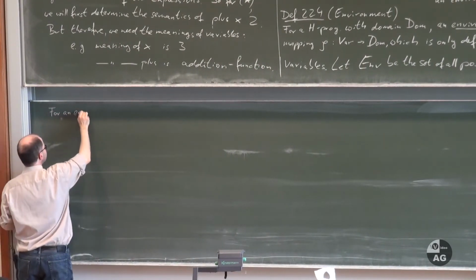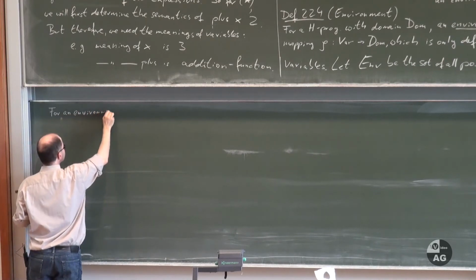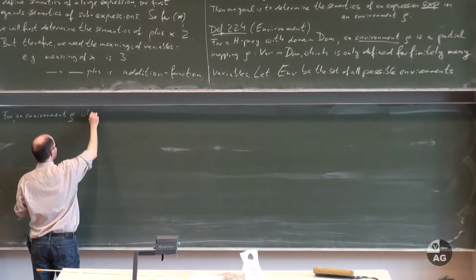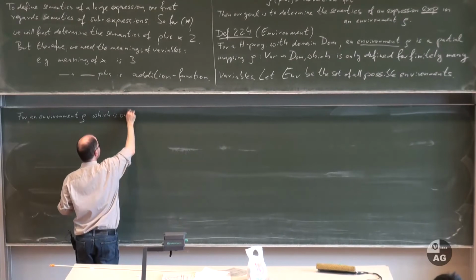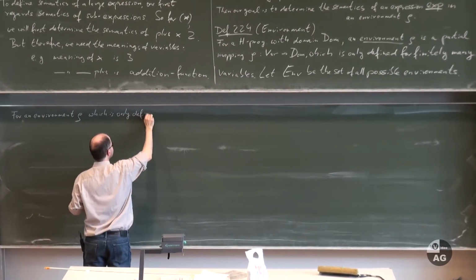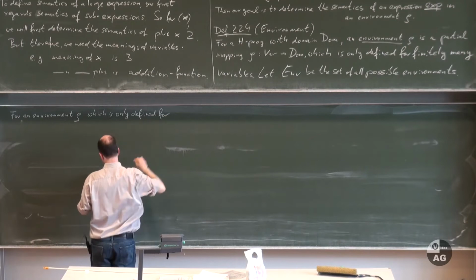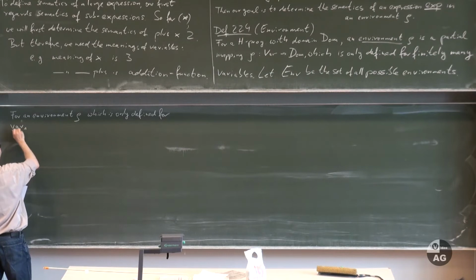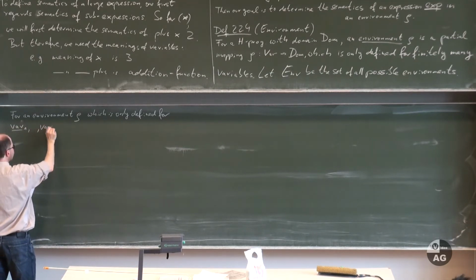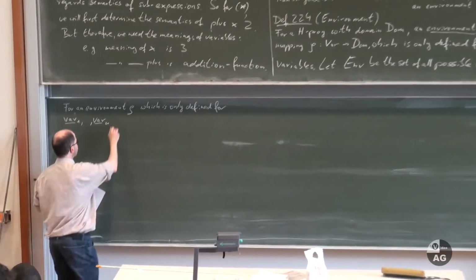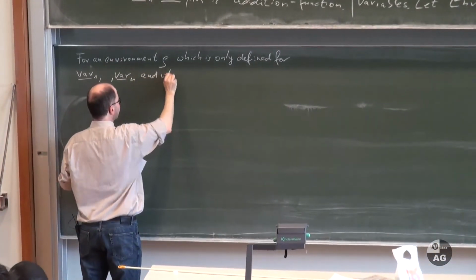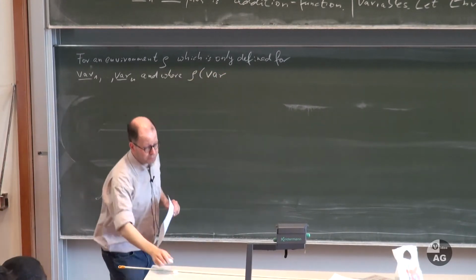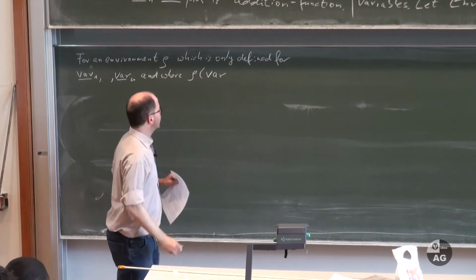So for an environment rho which is only defined for the following variables, for the variables var1 to var_n, and where, well, var1 is mapped to some element d1 of the domain, and var2 is mapped to some element d2 of the domain.